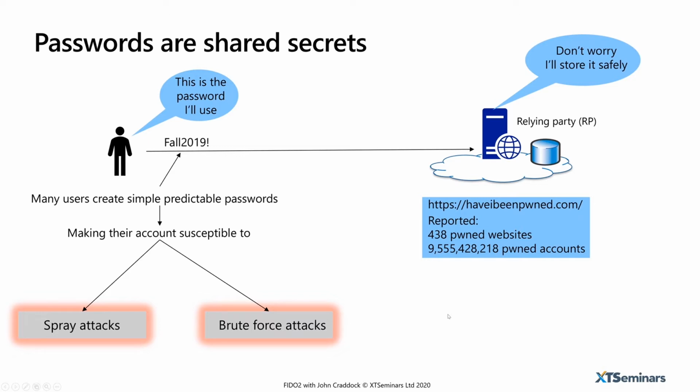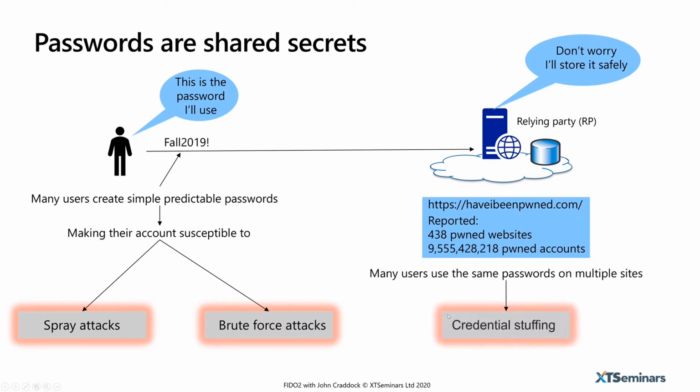As soon as those accounts have been pwned, that information is published on the dark web, and then immediately credential stuffing is used as a way of attacking, because lots of people use the same username and password across multiple sites. So it's referred to as credential stuffing or breach attacks.